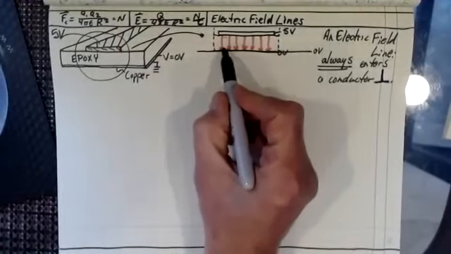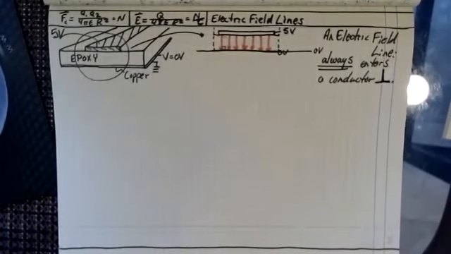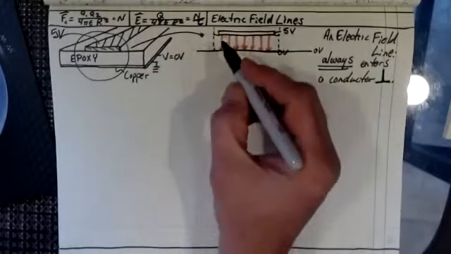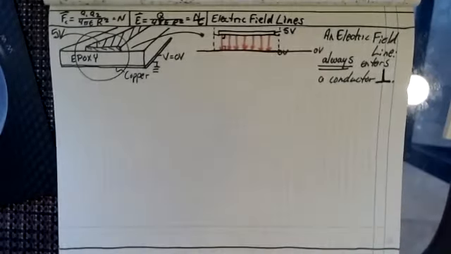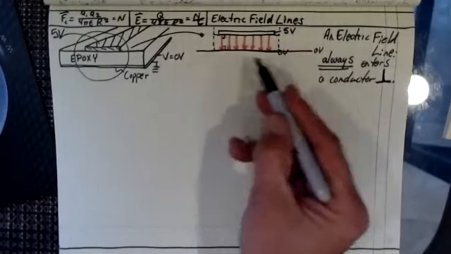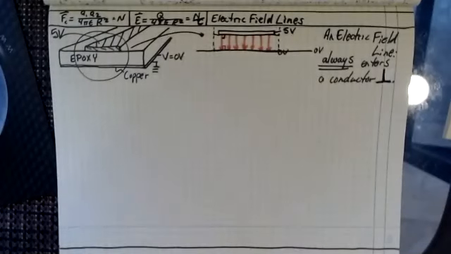You see how this is entering perpendicular to that? So the electric field line exits a conductor and enters a conductor perpendicularly. It makes pretty good sense here, but there are other geometries in which it won't be so obvious.